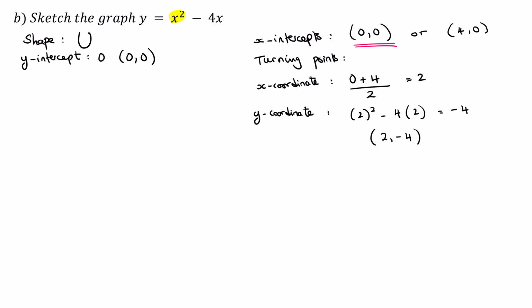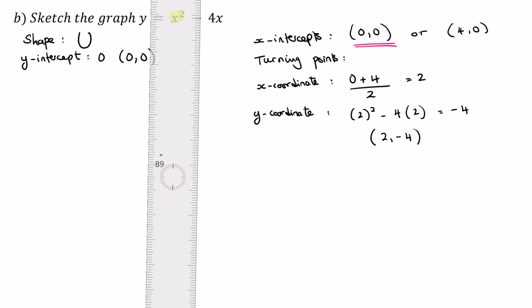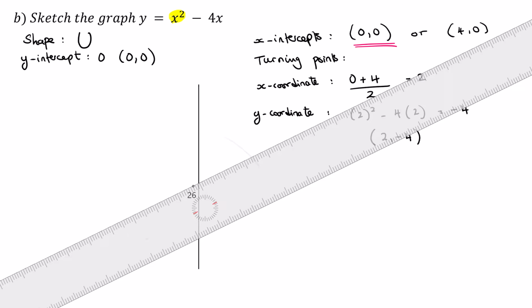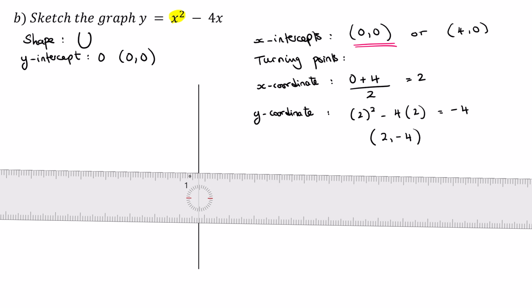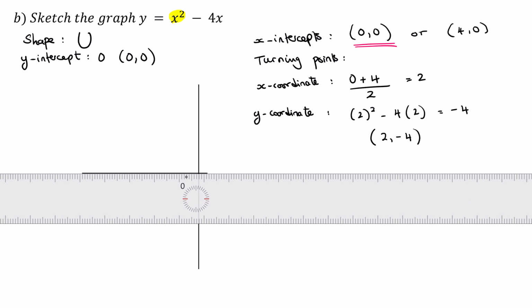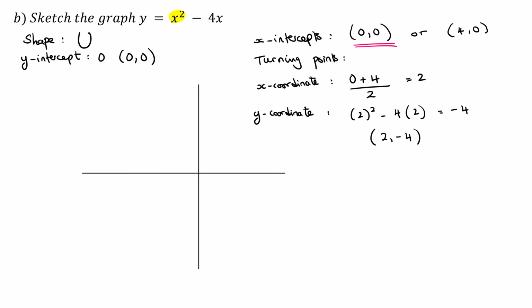So let's sketch that. I'm going to get the ruler again, make this nice and neat. Always label your x and y axes. It's going to cut through here, and was it a positive 4? Yes, it was a positive 4.